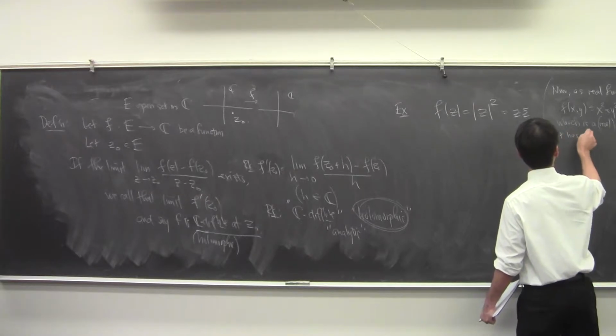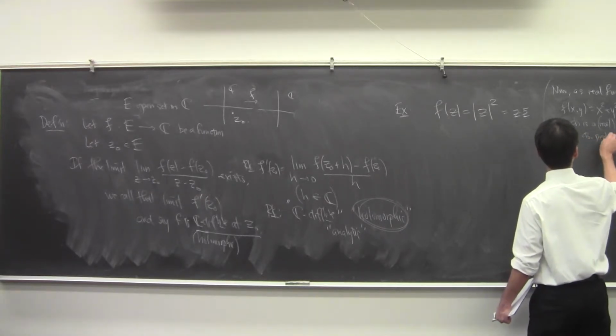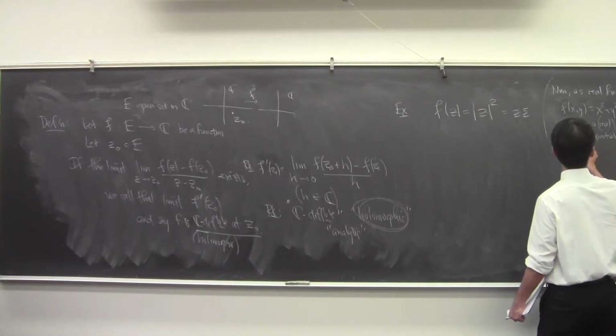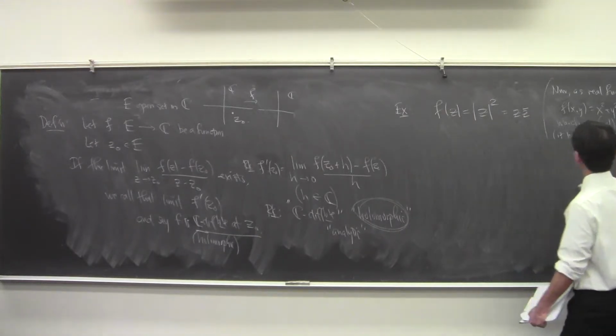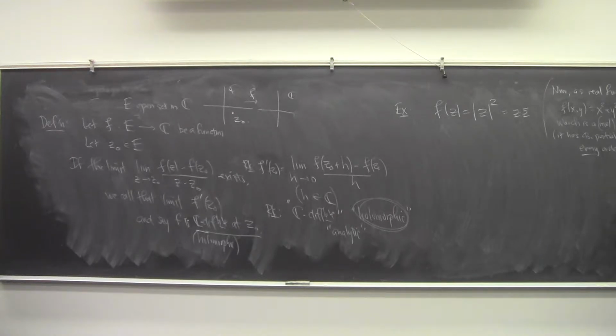It has continuous partials of every order, right? That's more than enough to guarantee that it's a differentiable function. Okay, so this function, if we think about it as a real valued function, it's differentiable.